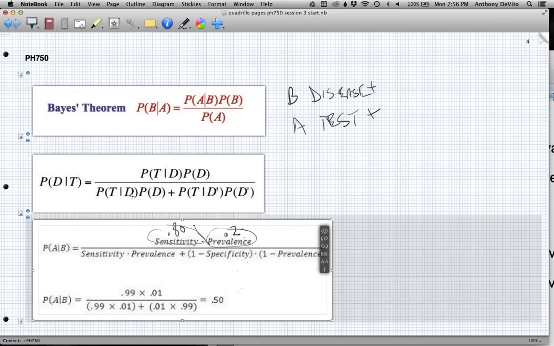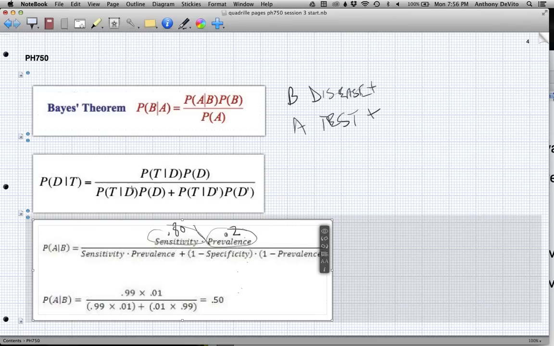Now, what about the bottom of this formula? How do we get from the probability of A, that you test positive, down to this mess on the bottom? Well, let's see how we got there. Who tested positive here? Well, the people who tested positive are people who had the disease. If I look at this first term here, this is the probability that you have the disease, in this case 20% of the people. Well, this is the probability that you test positive given you have the disease. That's the sensitivity.